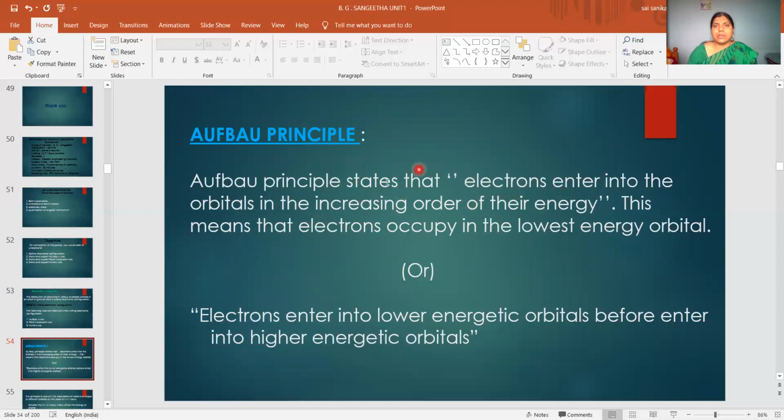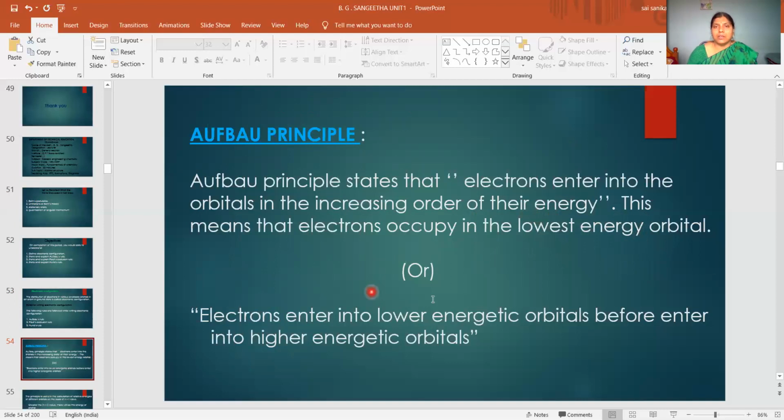In the increasing order of their energies means the electron will occupy the lowest energy orbital first. The orbital which has lower energy, the electron will enter into that orbital first.